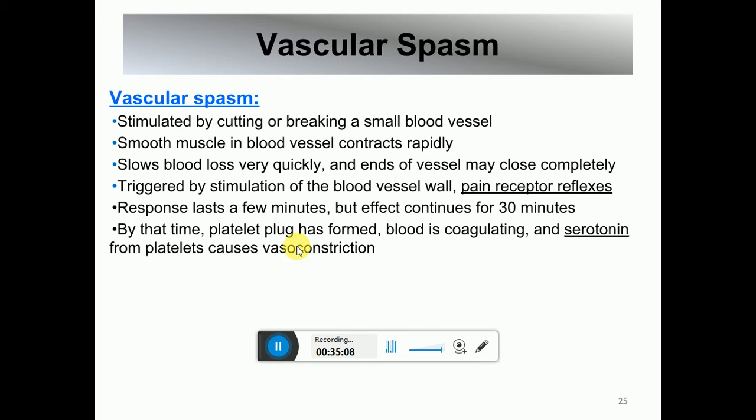It's also stimulated as soon as the blood vessel wall is penetrated because of an injury, which can lead to pain, and these pain receptor reflexes also help in the constriction of the blood vessels. Know that this response doesn't last for a very long time. It only lasts for about half an hour, and then the effect of the serotonin is pretty much non-existent.